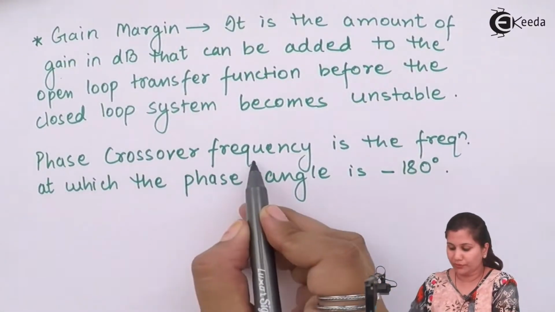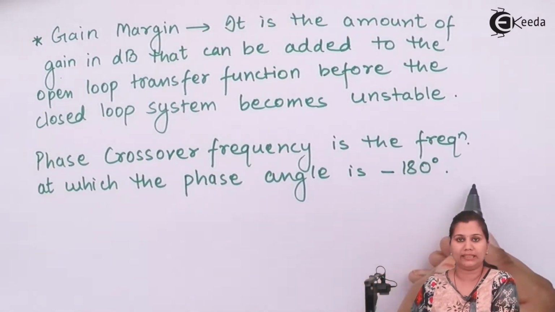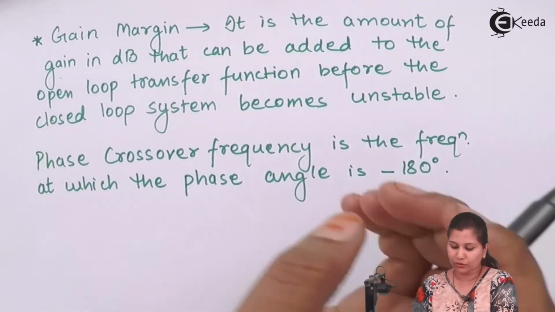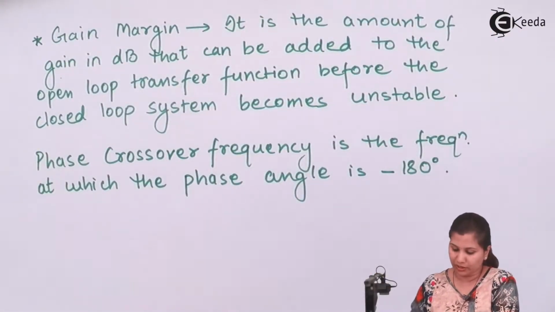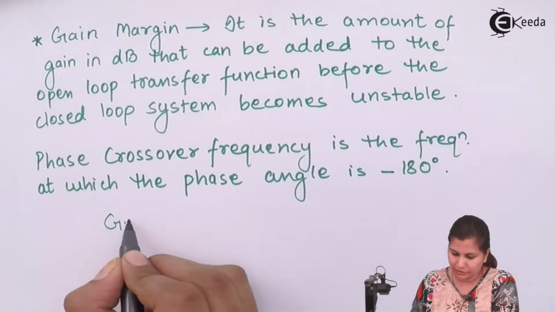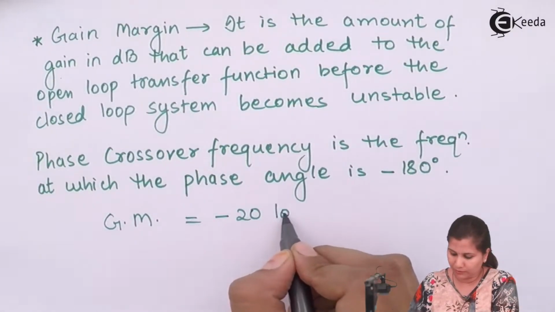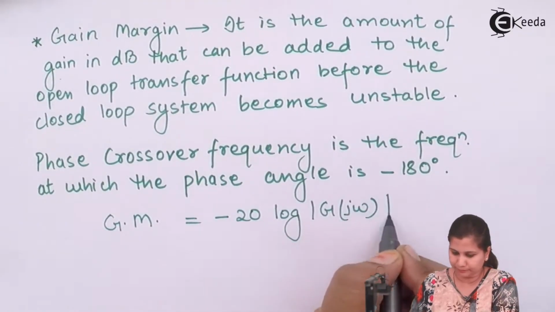So phase crossover frequency is the frequency at which the phase angle is minus 180 degrees, and gain crossover frequency was the frequency when the gain was 1, that is unity. So that's the difference between the gain margin and the phase margin. Now the formula for the gain margin is minus 20 log magnitude of G(j omega).